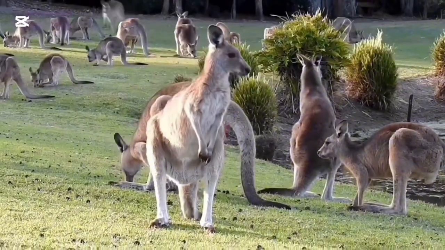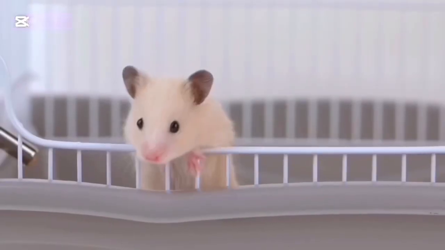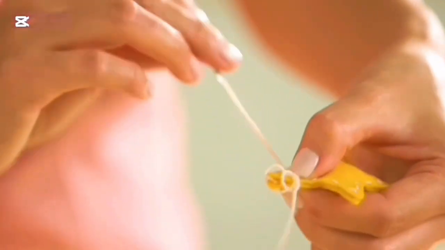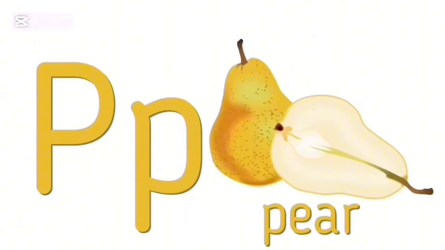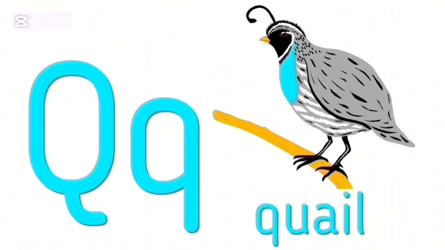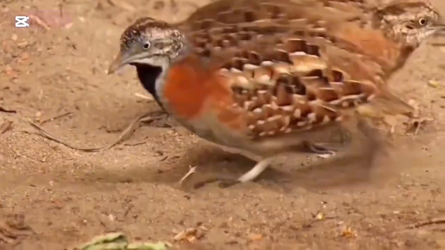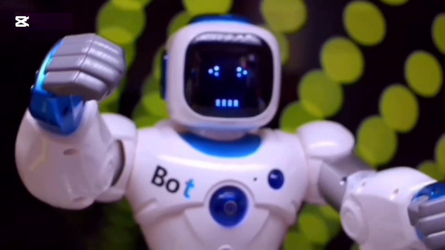K for kangaroo. Kangaroo. L for line. Line. M for mouse. Mouse. N for needle. Needle. O for orange. Orange. P for pear. Pear. Q for quail. Quail. R for robot. Robot.